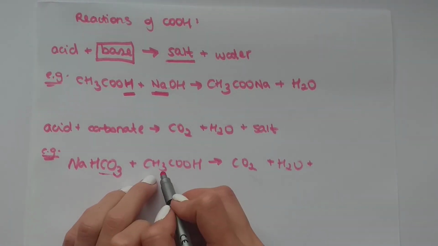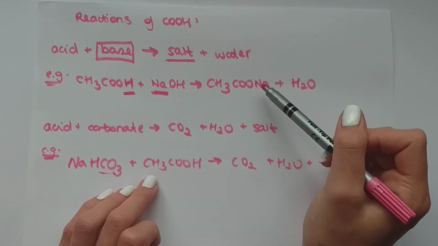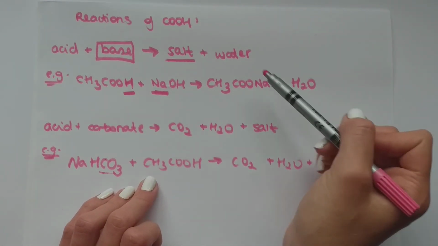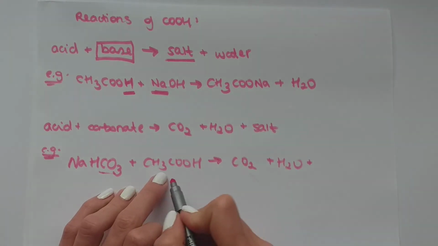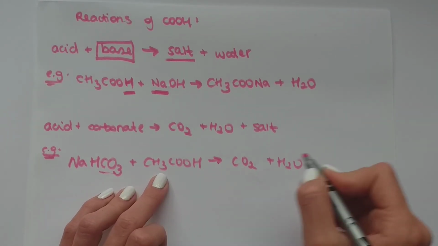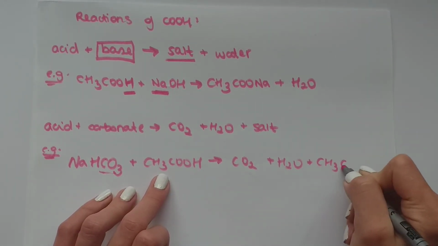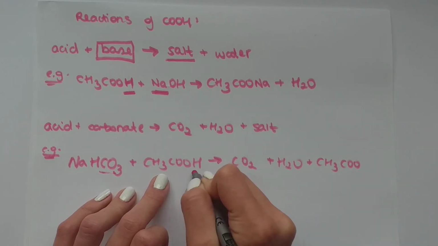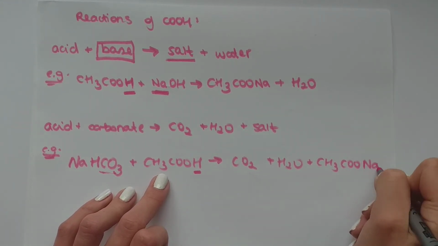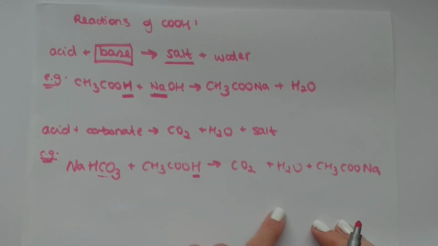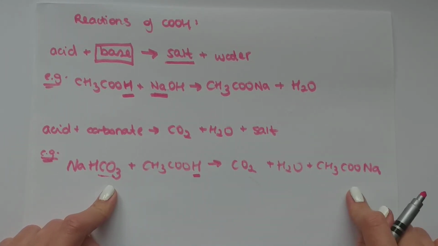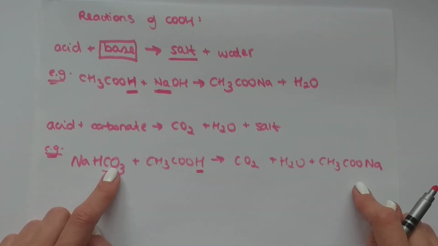As you can see, in this example, we substituted the H with our positive ion. That's exactly what's going to happen in here. We're taking our acid, and instead of the H, we put in an Na. You can try to balance this equation to make sure.